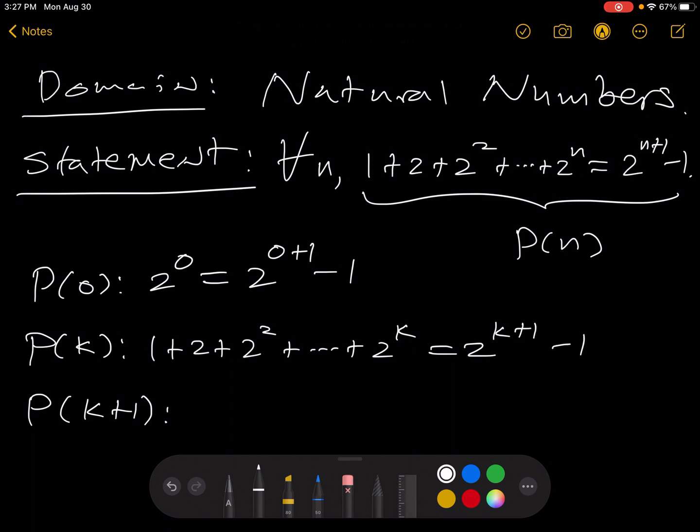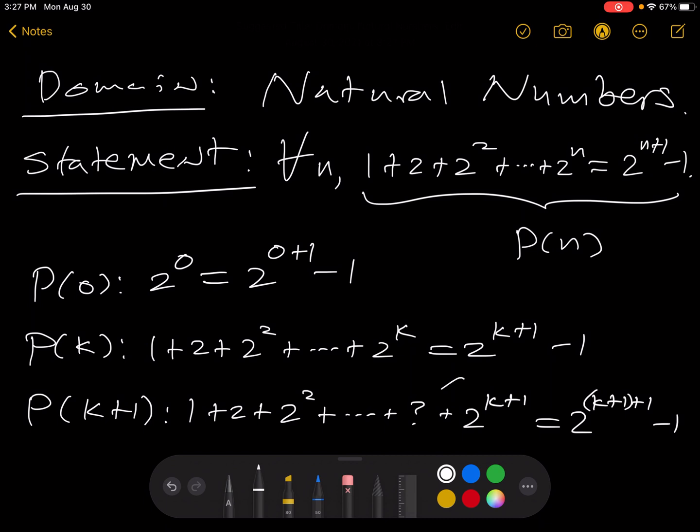And P of k plus 1 is 1 plus 2 plus 2 squared plus up to 2 to the k plus 1 is equal to 2 to the k plus 1 plus 1 minus 1. Now what's this thing that comes before 2 to the k plus 1?